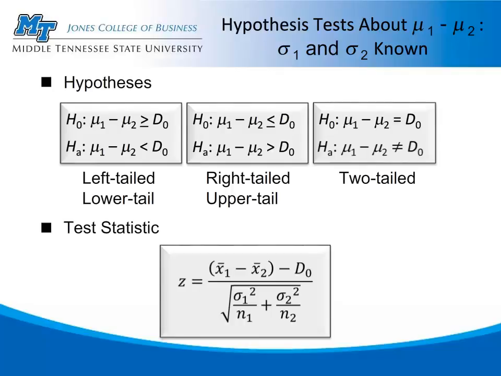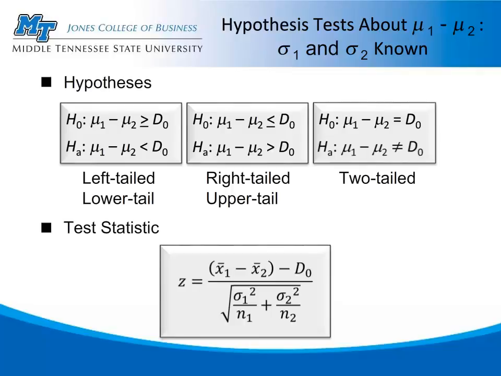Now we're going to look at hypothesis testing. We just looked at interval estimation. Now we're looking at hypothesis testing when you know sigma 1 and sigma 2. There's a lower tail test where you're looking for less than. There's an upper tail test where you're looking for greater than. And then there's a two-tail test where you're just trying to show that the difference is not equal to some value.